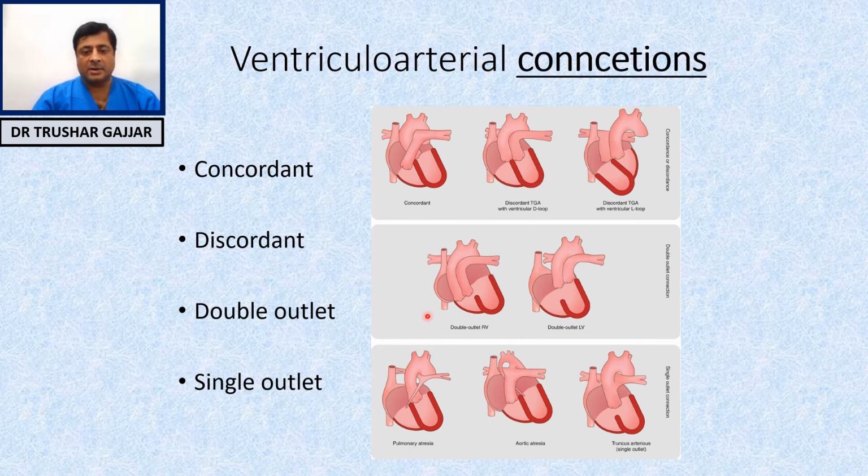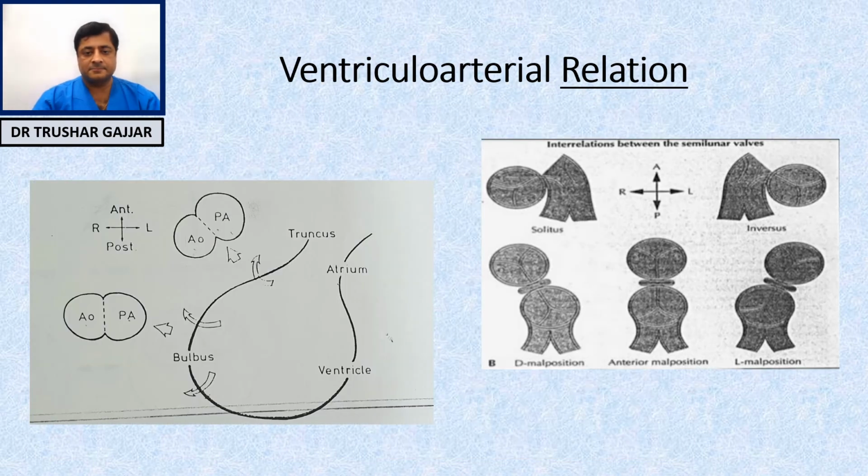There are double outlet right ventricle or double outlet left ventricle, or there will be a single outlet, either pulmonary atresia, aortic atresia, or persistent truncus arteriosus. So we will see all these connections in detail.